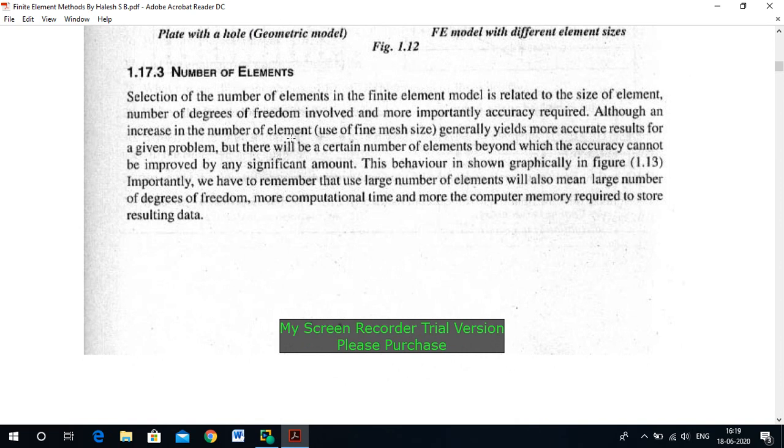Although an increase in the number of elements generally yields more accurate results for a given problem, if you consider any complex geometry and keep on increasing the number of elements, there will be a certain number of elements beyond which the accuracy cannot be improved by any significant amount, and it can be explained in the figure below.